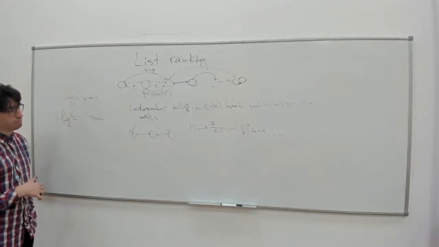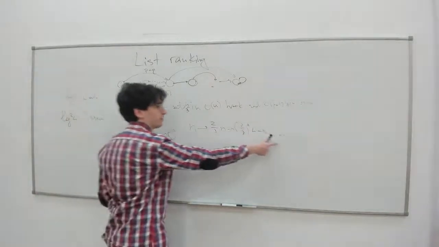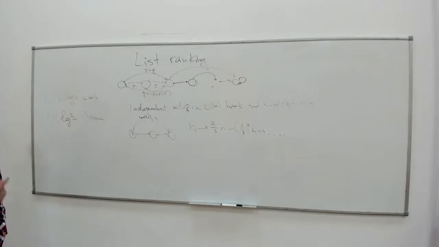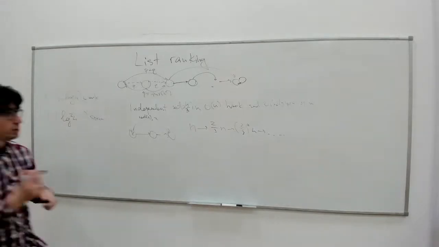I was trying to calculate this: at the first round you have n elements, on the second round you have 2/3 n elements, and so on.